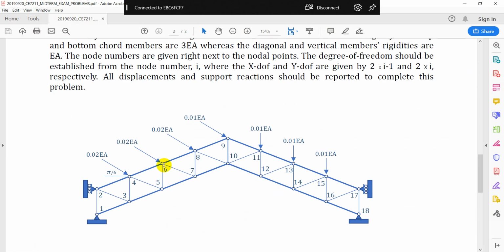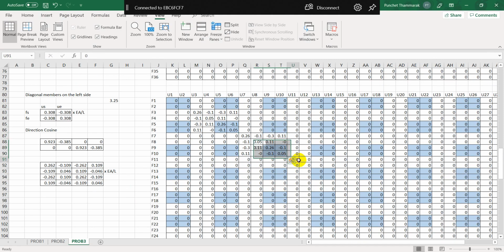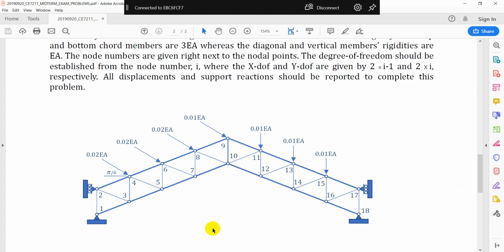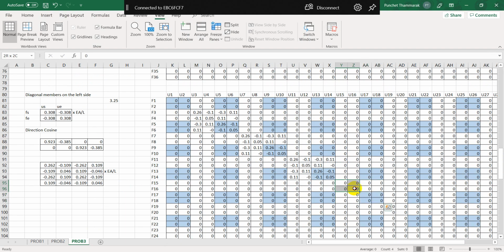Next one, 11, 12, 13, 14. Right. And the next one, 15, right? No. 15, 16, and 19, 20.